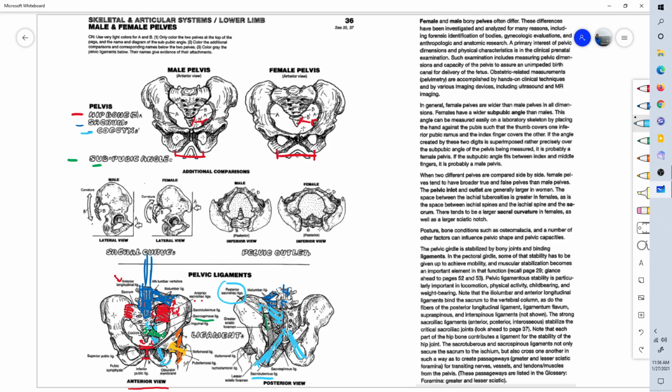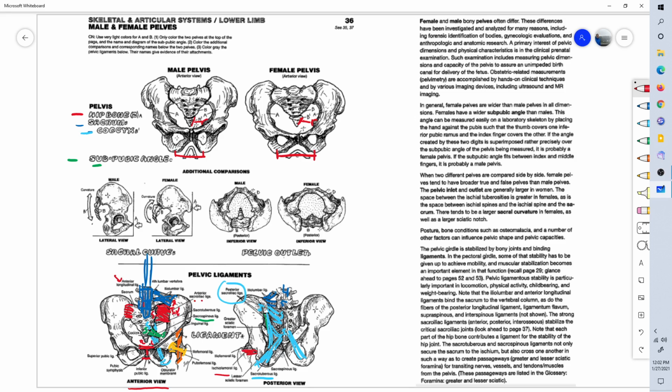And the ligaments extend and actually blend with the sacrotuberous ligament, as well as attaching in the lower part of the sacrum. Also note from the posterior view here, the ischiofemoral ligament from the ischium to the femur.